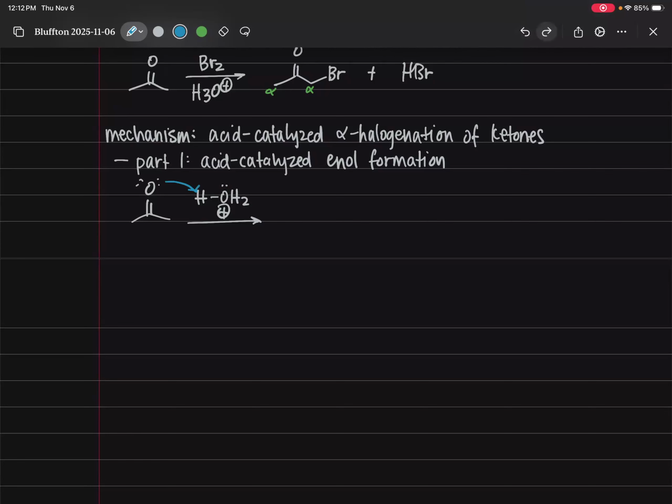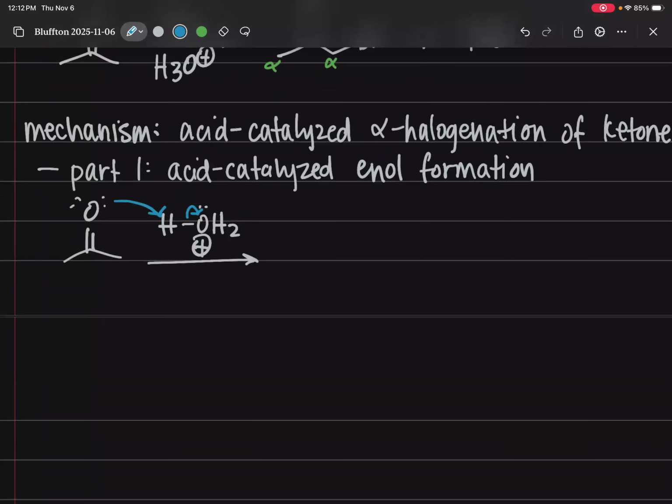Maybe I should make it less ugly. So there's our protonated ketone.